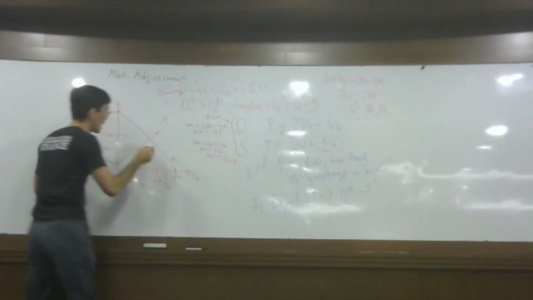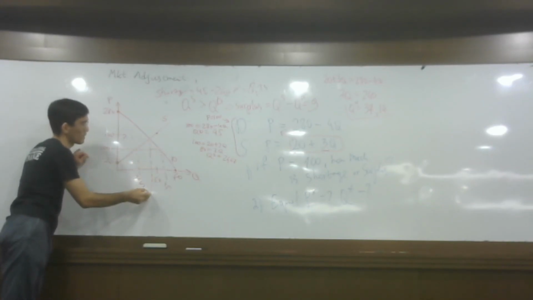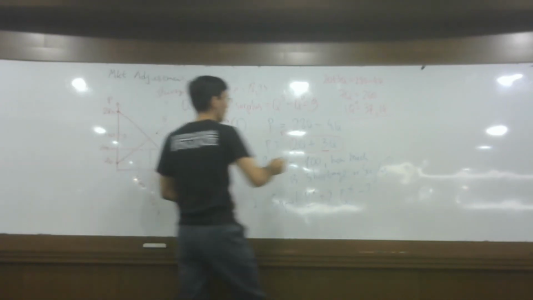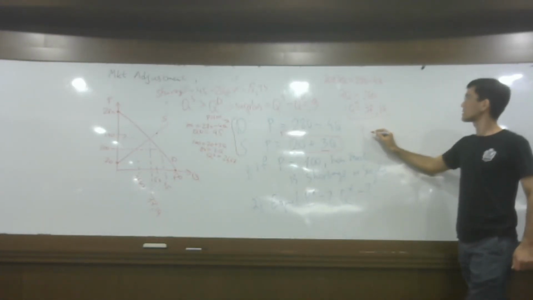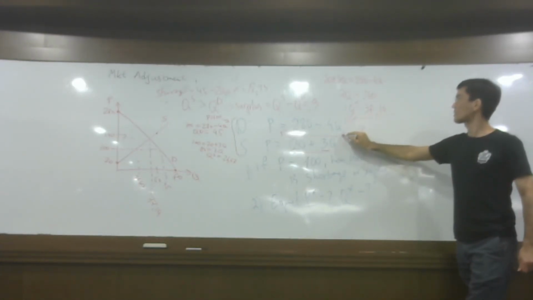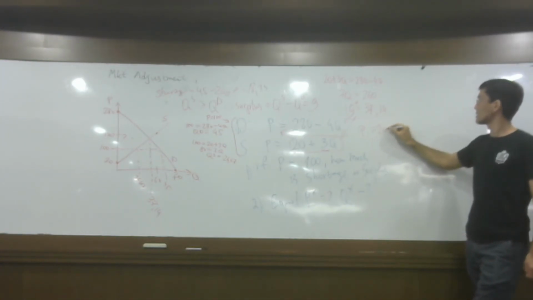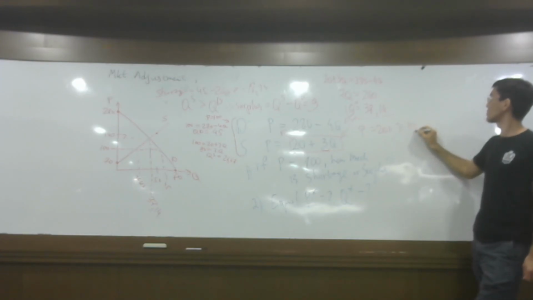Again, the question doesn't ask for a chart, but we can put it over here: 37.14. Now we can find the price. Put this quantity either here or here, it doesn't matter. The answer should be the same. Let's say 20 plus 3 times 37.14.